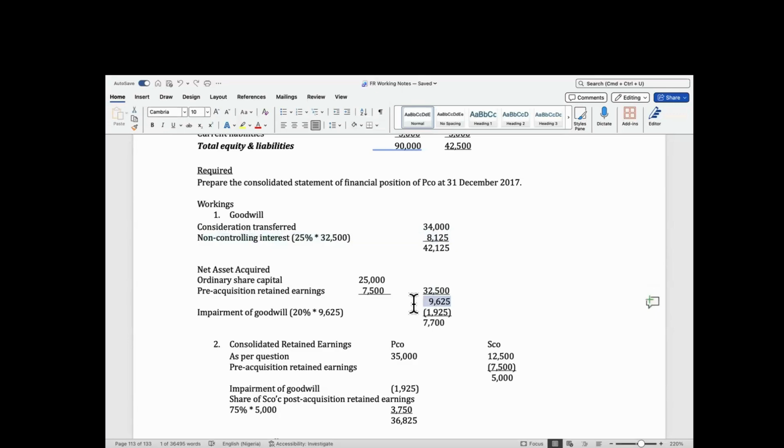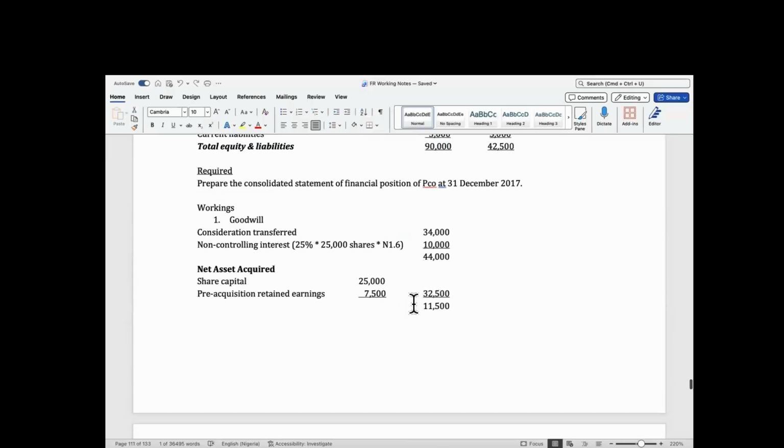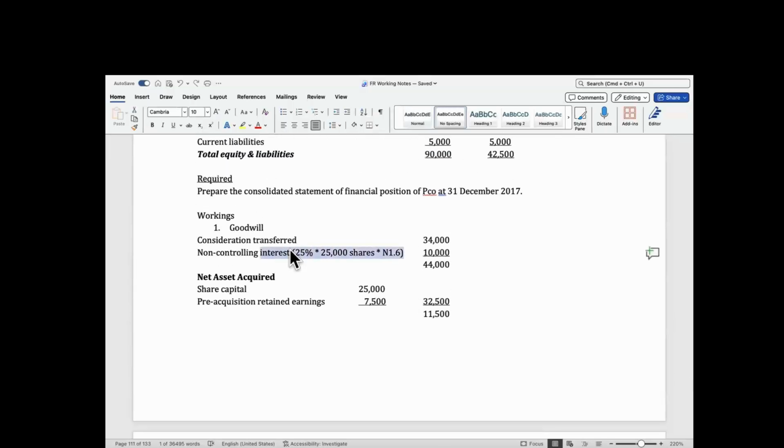the same 9,625. But if I go up, where I measured NCI at fair value, you see this 11.5 goodwill that we got, NCI has a portion. I can show you in two ways.